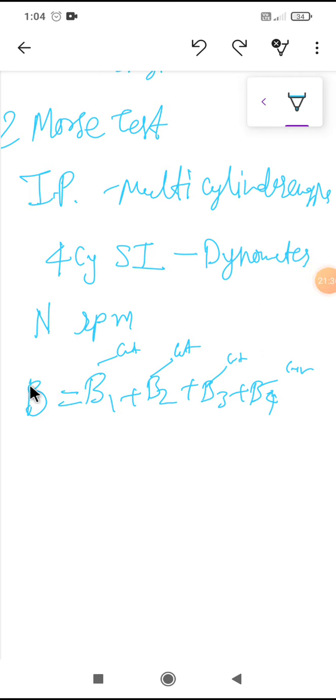If cylinder 1 is cut off, then 3 cylinders are working. Similarly when 2 is cut off, the other 3 are working.